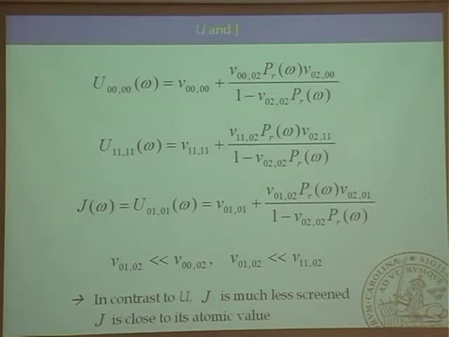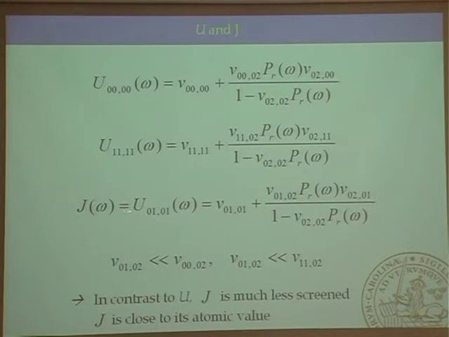And the reason for this is that these two orbitals, 0, 1 and 0, 2, are on different position variables. So this is R, and this is R prime. That is a product of two orbitals. And so the matrix elements of this V is much smaller compared to the case when you have same orbitals. There is a square of the phi 0 and another one.